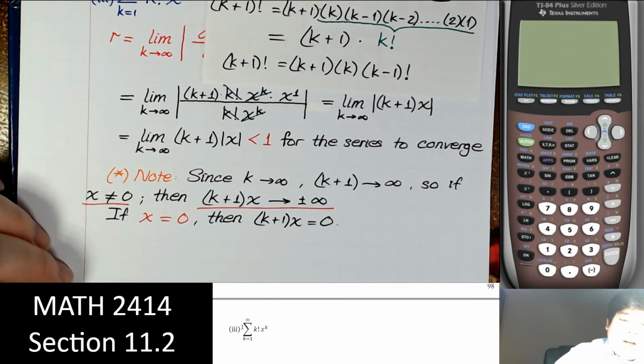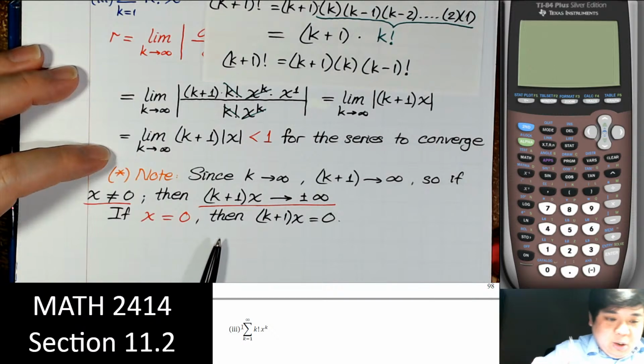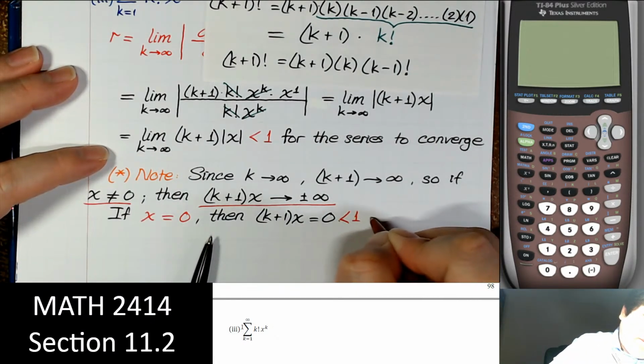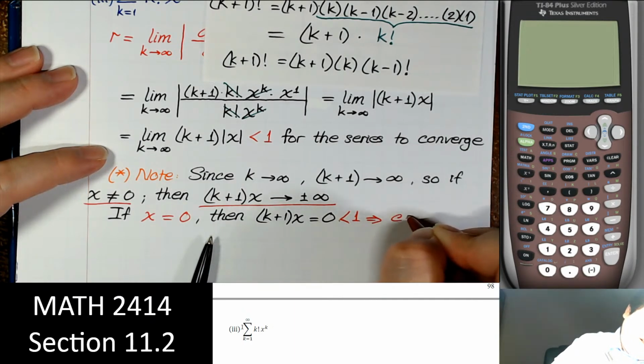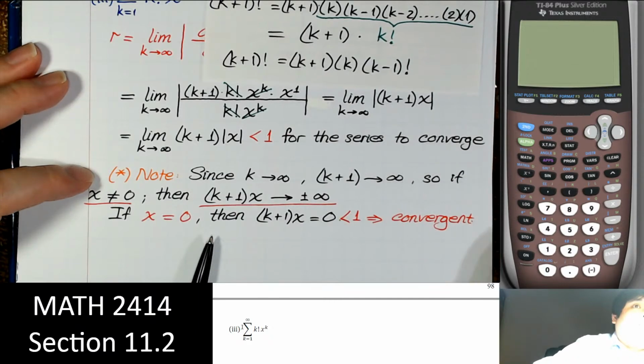And if it is equal to 0, it will be convergent. Equal to 0 means less than 1, which will converge.